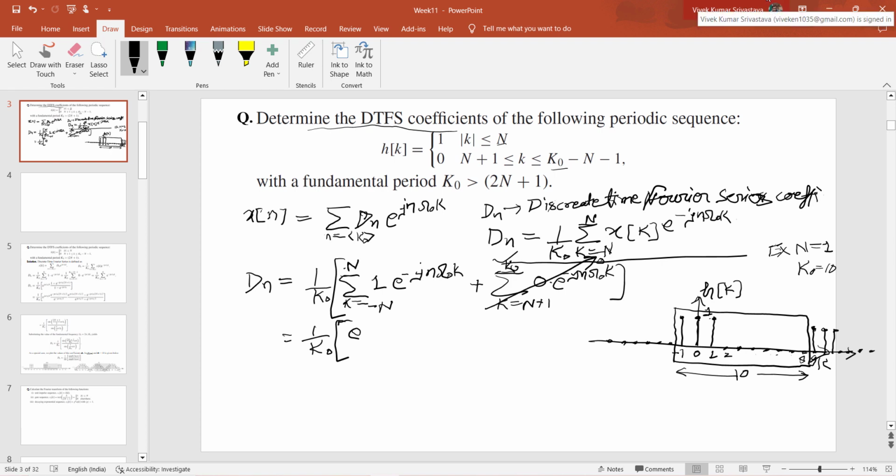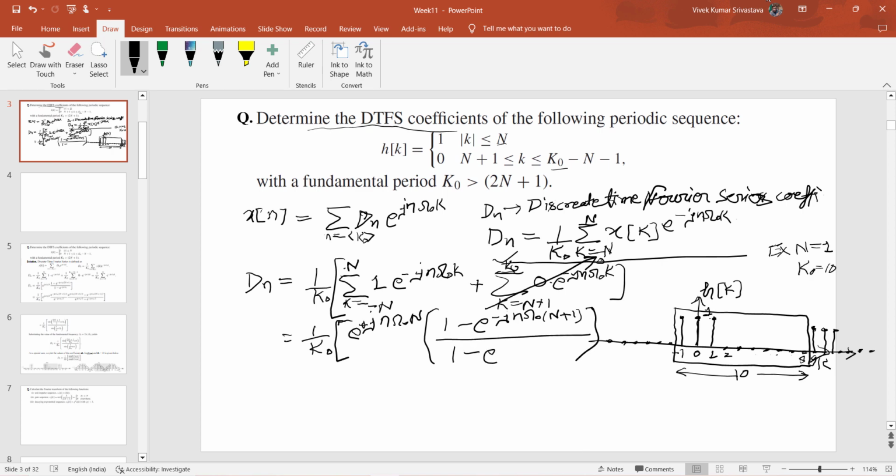Which is the summation of n terms, which is e raised to the power minus j n rho naught n, and this n will be minus n, so this will be plus. And then 1 minus e raised to the power minus j n rho naught n plus 1 over 1 minus e raised to the power minus j n rho naught.